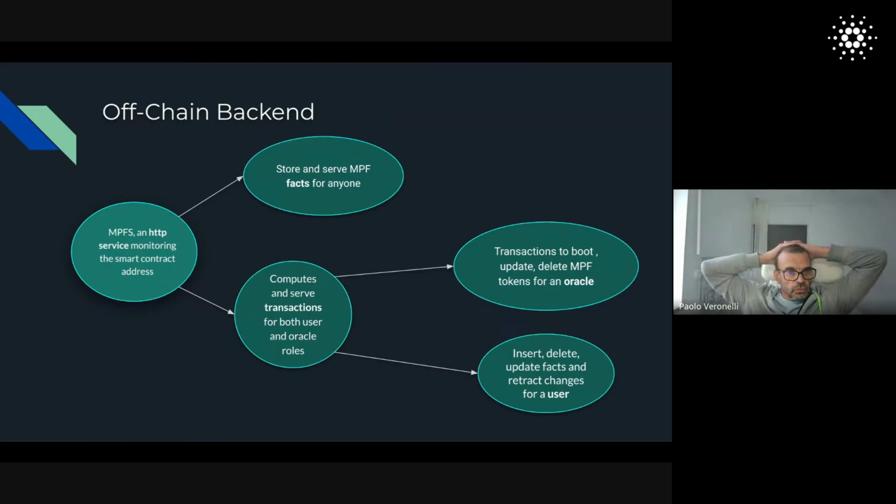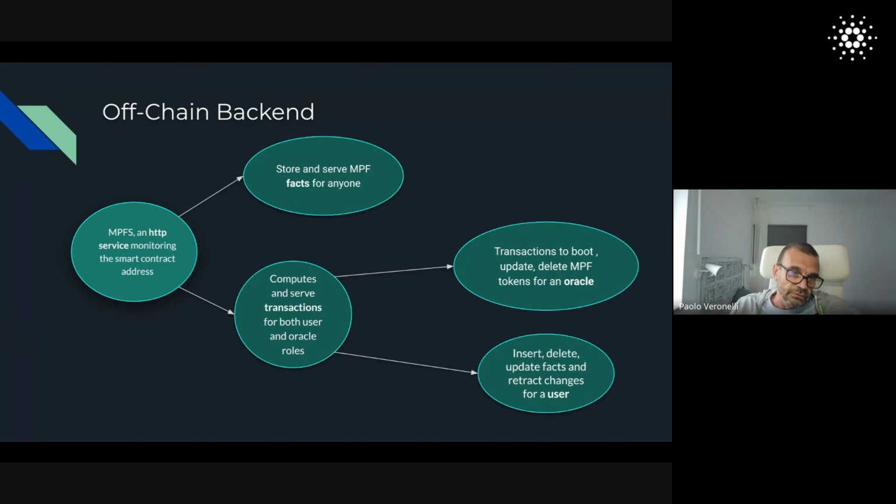As a corollary to this choice, we needed to make it possible to see what is happening on chain on this Merkle Patricia Forestry, because the facts and the changes that happen on the database end up in the history of the blockchain because they are consumed UTXO. So we need an indexer that actually remembers what happened.